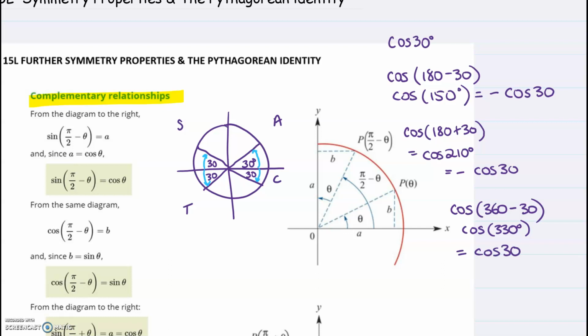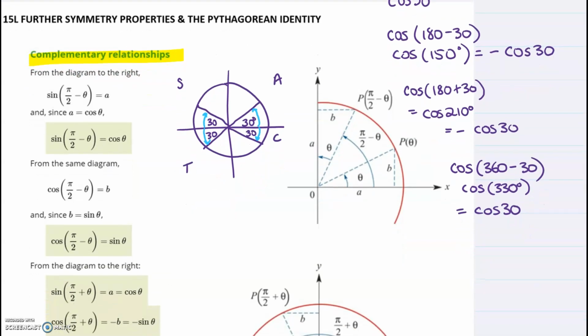Now, I've just said that this is taking an angle back to the x-axis. So what if the angle they're giving you is to the y-axis? Well, all you're going to do is switch your sine and cos. So over at the side here, this is saying sine of pi on 2 minus theta. The way this notation is written, pi on 2 minus theta means that we're just in quadrant 1, where sine is positive anyway.